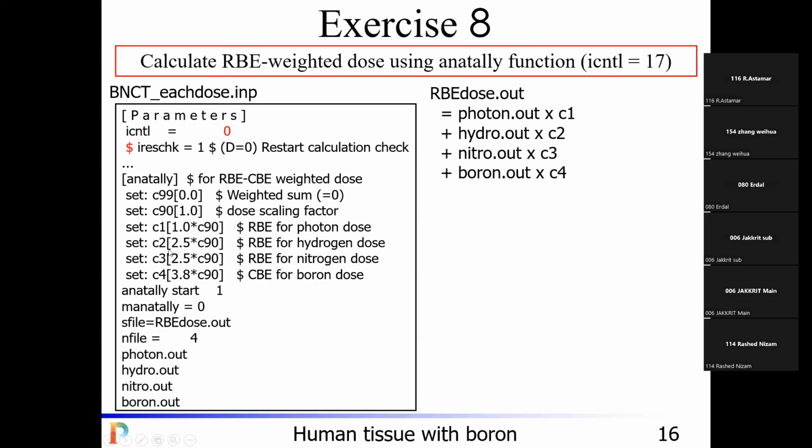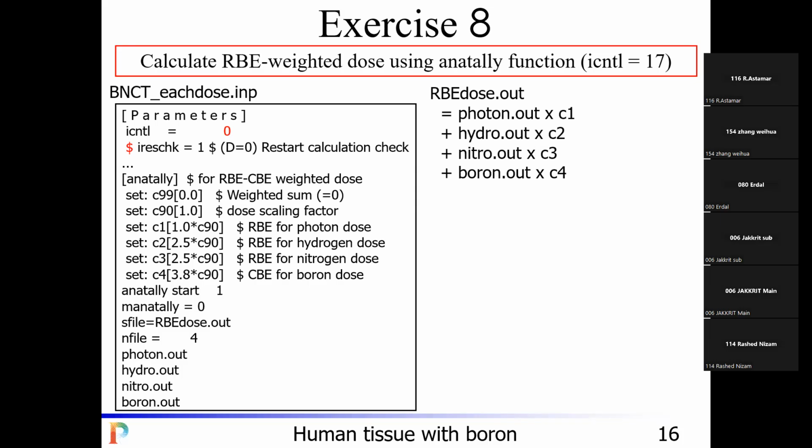This is a weighting factor. And C90 is a normalization factor, a scaling factor, and here we simply set it to 1. What we want to do here is estimate the RBE weighted dose directly from the FITS output.